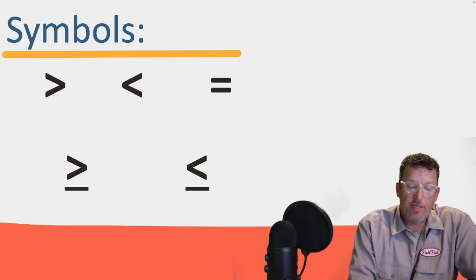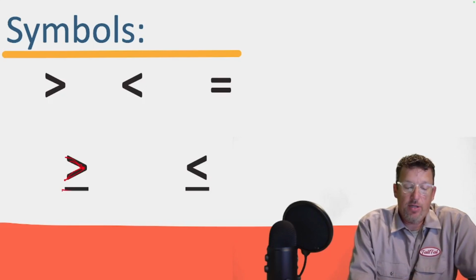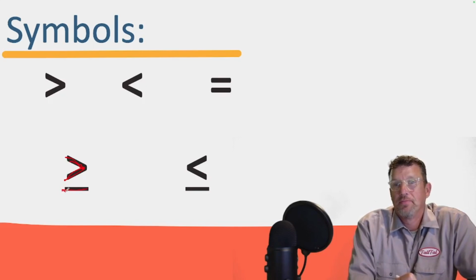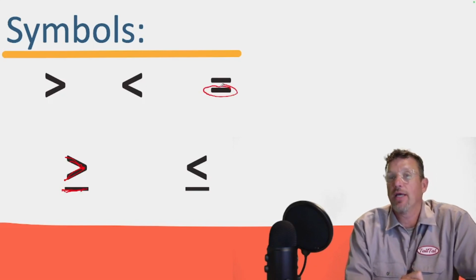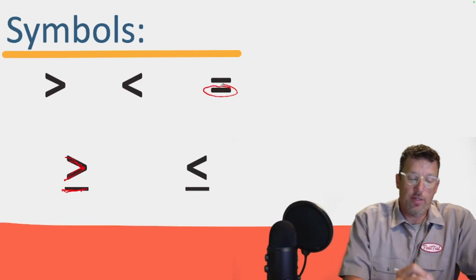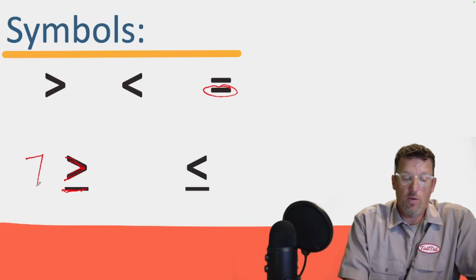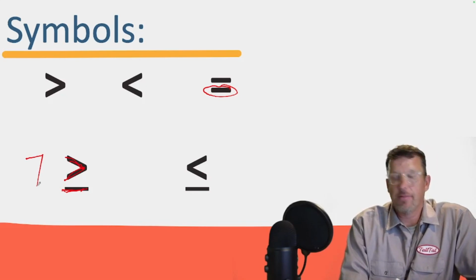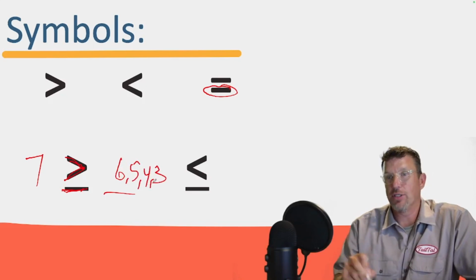Down here is where it gets a little bit different. We still have this greater than, right? So it's saying it's greater than, but it can also be equal to. If you look at that straight line, that is literally just the bottom line in an equal sign. So this number over here, let's say it's 7. What integers can go on the other side? Well, it's greater than 6, it's greater than 5, it's greater than 4, it's greater than 3, and so on.